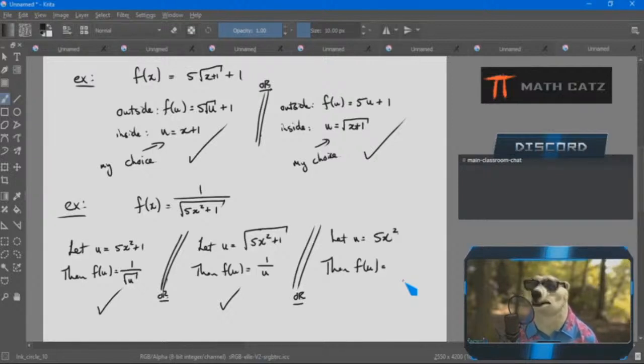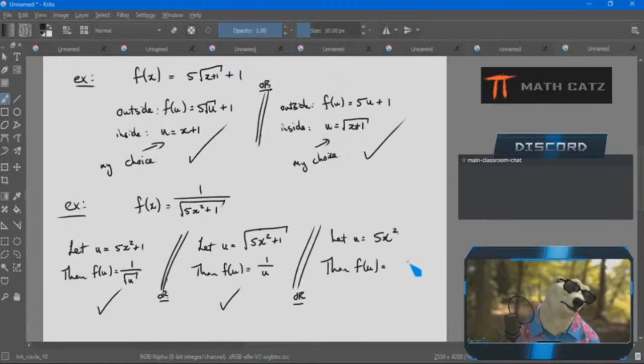But it's important to just stop and think, if this was my inside function, is there an outside function for which it would work? I can't just choose any inside function, right? It has to be one that actually has a partner outside function that could give me the original back. Can't just randomly choose anything. But if I choose this one, it would still work.